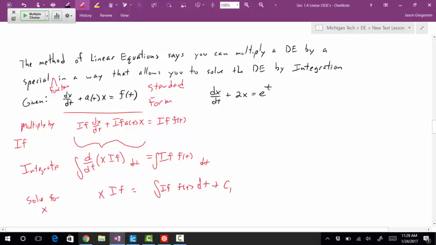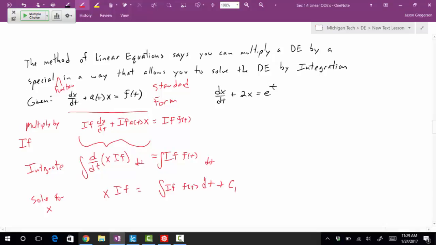Okay. But the crucial step is taking that sum of these two terms and recognizing the derivative of one product. Like, this must be some magical integrating factor for this thing to work. Well, what does it have to be? Let's do it the other way. Let's actually take the derivative of x times the integrating factor.